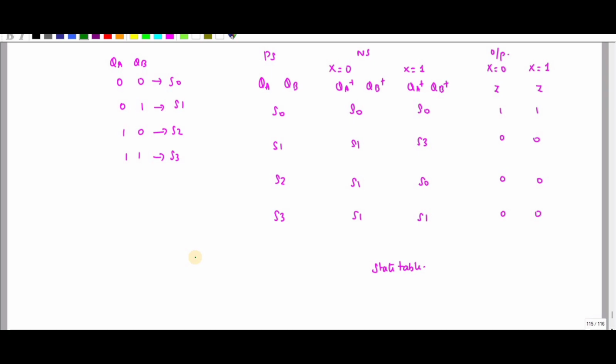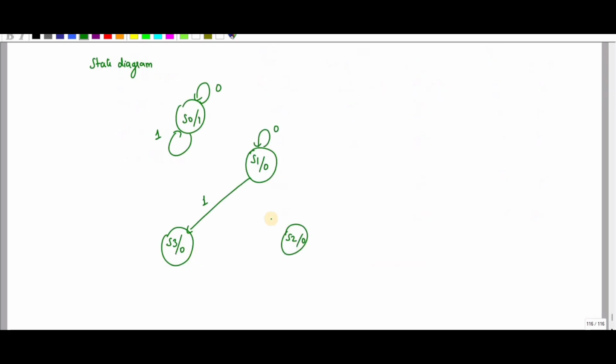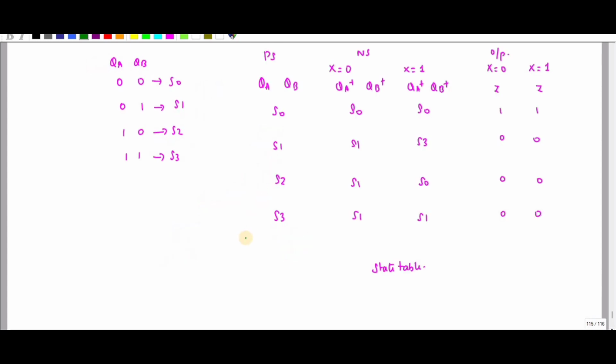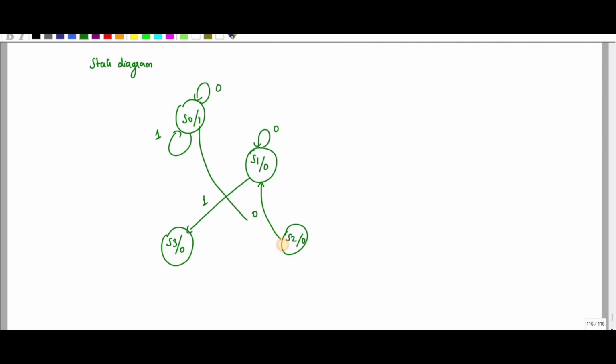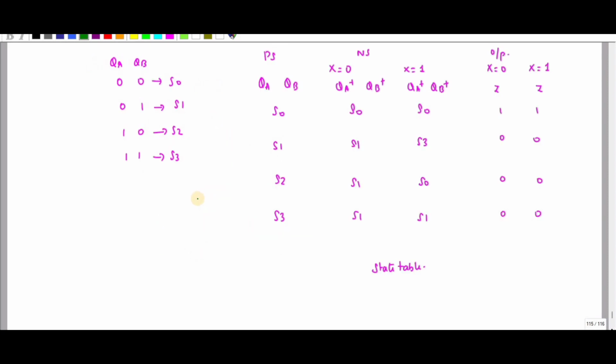S2, on 0 goes to S1, and on 1 goes to S0. S3, whether it is 0 or 1, goes to S1.